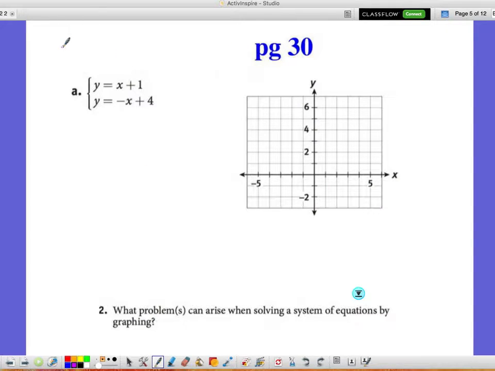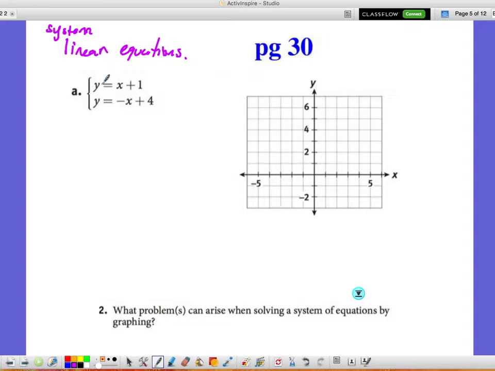But what about a system of linear equations? What is the solution to a system of linear equations going to look like?